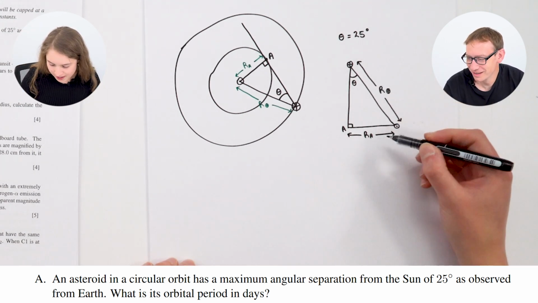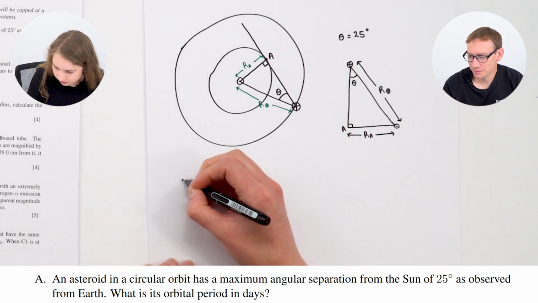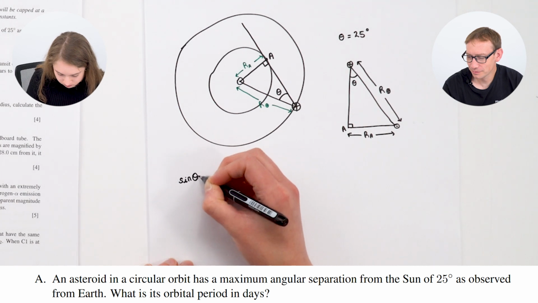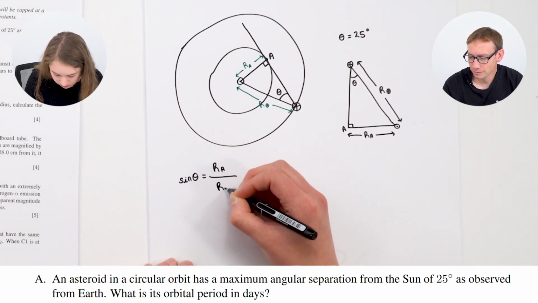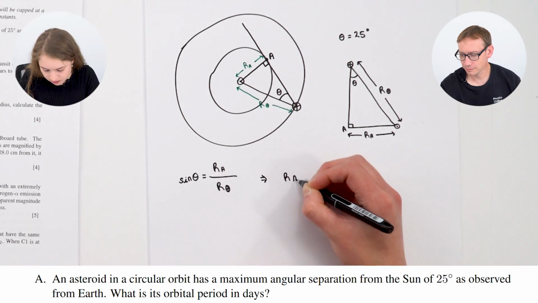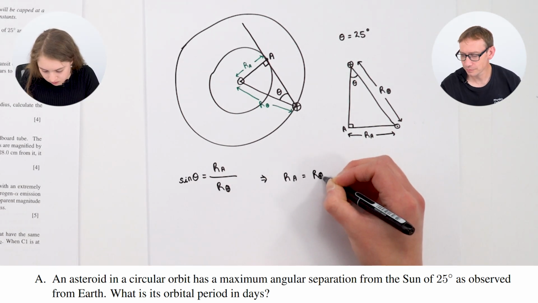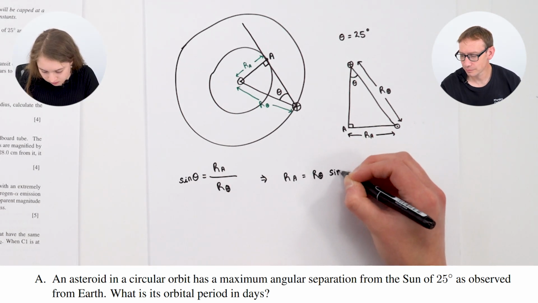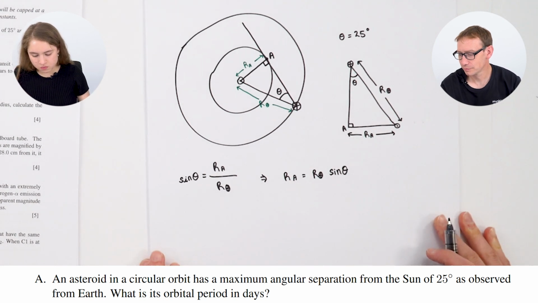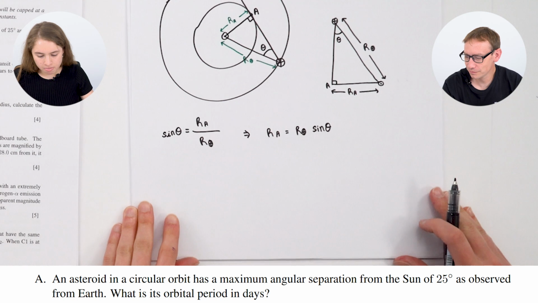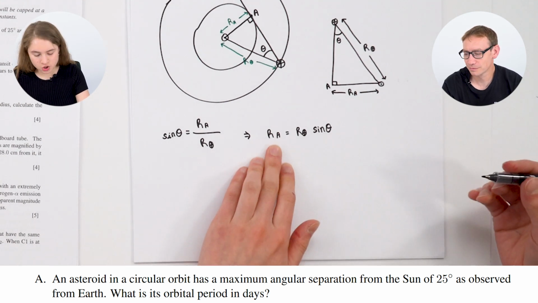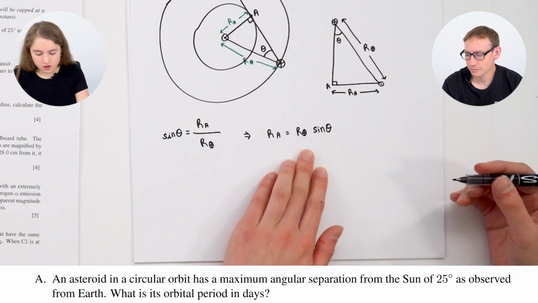So we have sine theta equals radius of the asteroid over radius of the Earth. So the radius of the asteroid is the radius of the Earth times sine theta. We won't substitute in our values yet, we'll keep it symbolic for now. And we have the radius of the asteroid now in terms of quantities that we know.